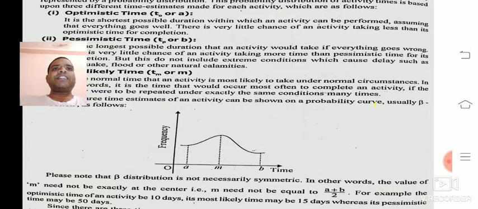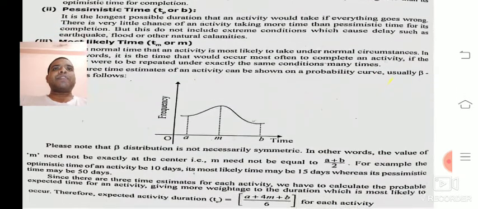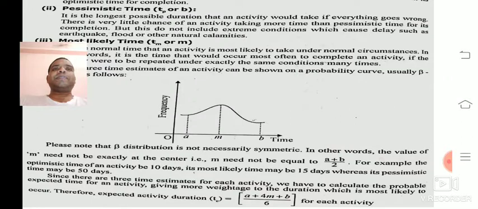Next is pessimistic time. It is denoted by TP or small b. It is the longest possible duration that an activity would take if everything goes wrong.